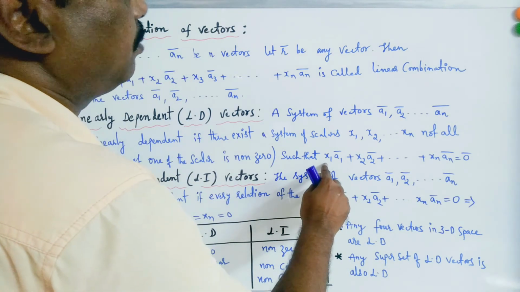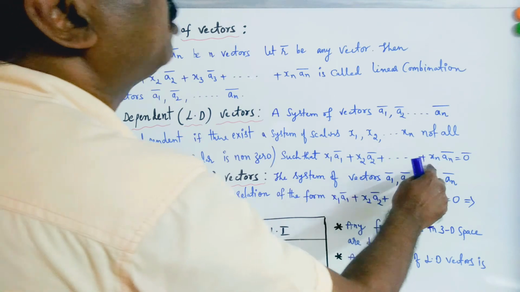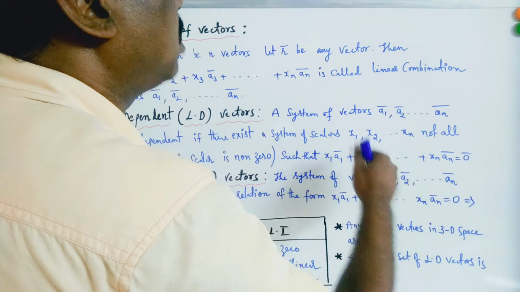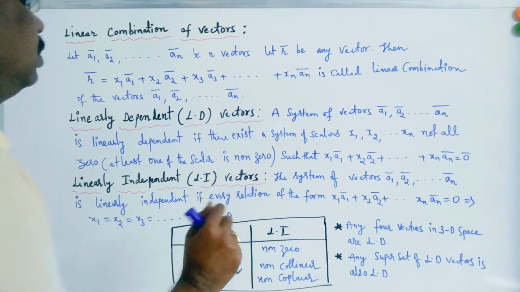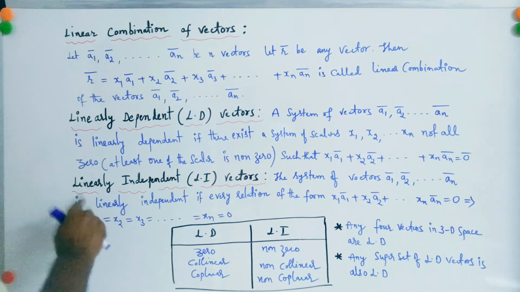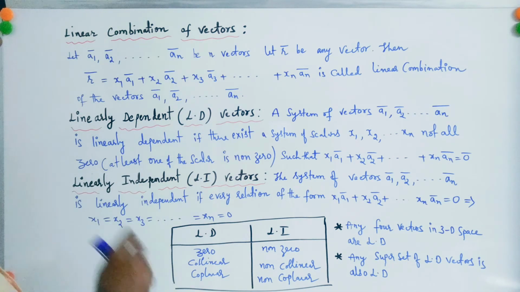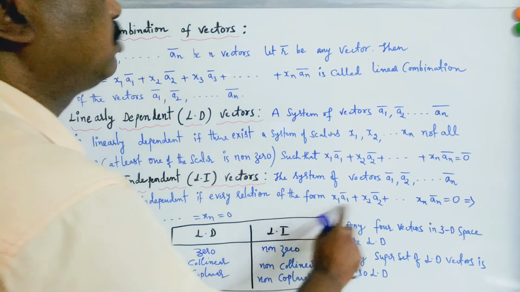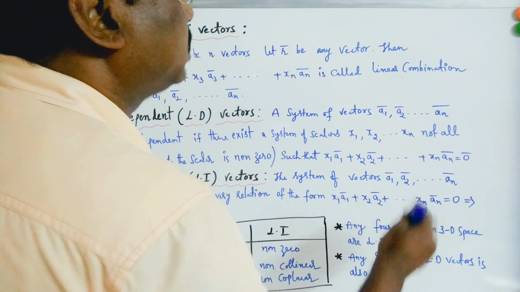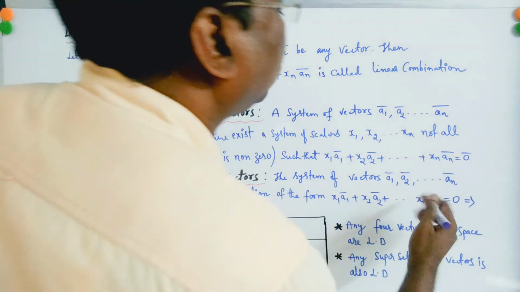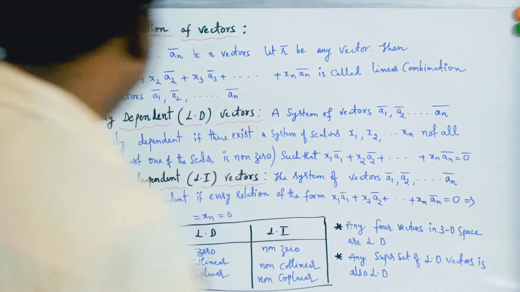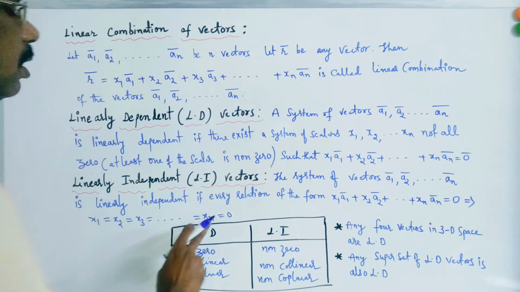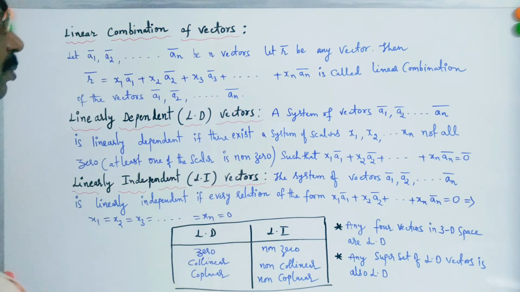Here scalars x1, x2 up to xn are not all equal to 0. Linearly independent vectors means here x1, x2 up to xn are all equal to 0.